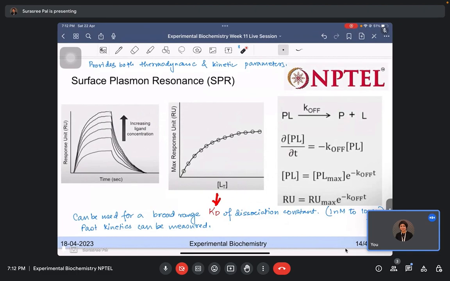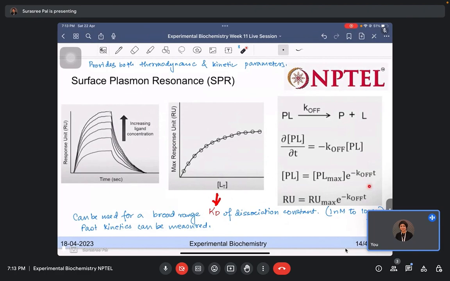From this, we can calculate the Koff value, right? So del PL by del t will be equal to minus Koff into the protein-ligand concentration. After integrating this equation, we can calculate the Koff value. The response unit will be equal to response unit max into e to the power minus Koff into t, right?